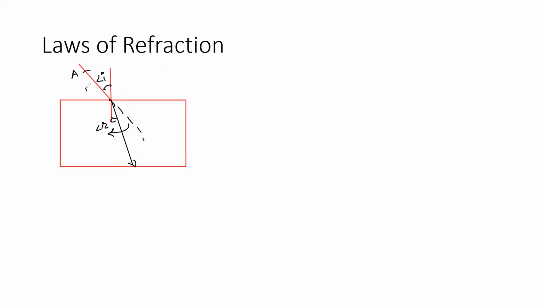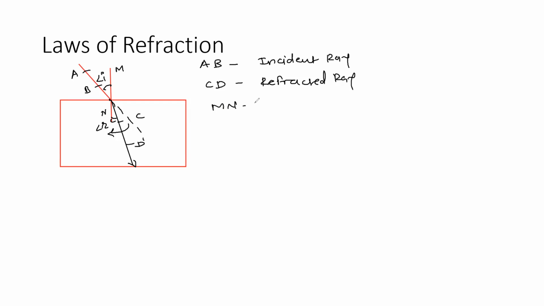Let's give a name AB. This is CD, and this I'm giving the name MN. So what is my AB? AB is my incident ray. What is my CD? CD will be the refracted ray, and MN is the normal.